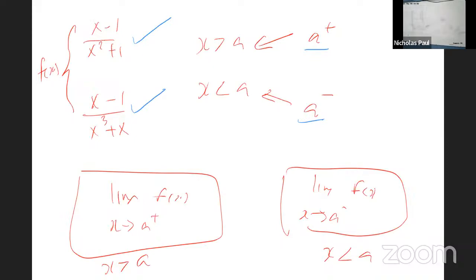All right, ready? So let's take a look at the little past paper here. This is 2009. Let's just see how we'll handle something like this.